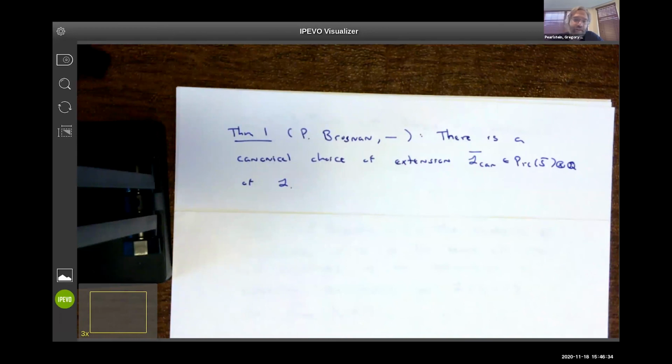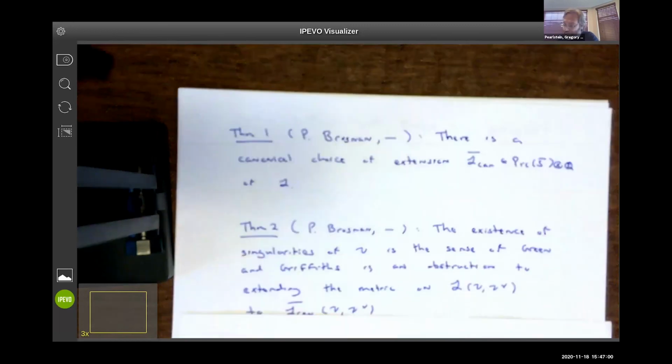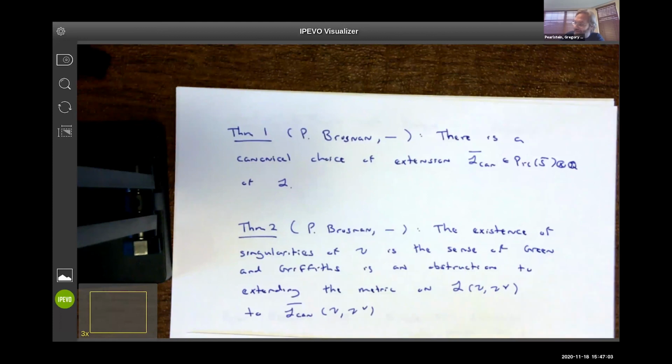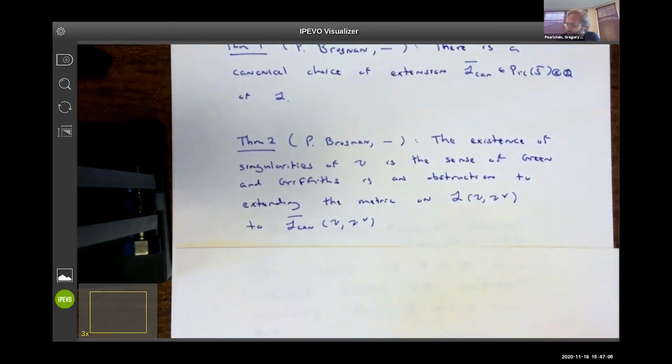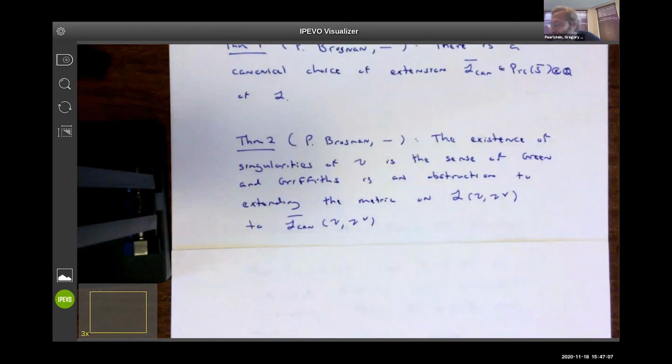So the first result is that there actually is a canonical choice of extension of L to an element L bar canonical in the Picard group of S bar tensor Q. You have to tensor with Q because the monodromy might be rational, so you might be adding a rational number times a boundary divisor, but you can tensor through to clear that out if that's what you're worried about. And that result definitely has nothing to do with quasi-unipotent monodromy. It's perfectly okay for that result.